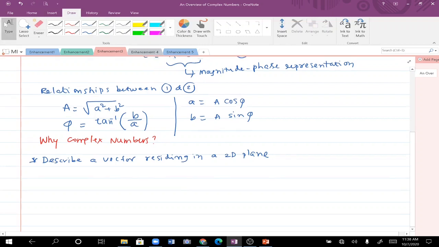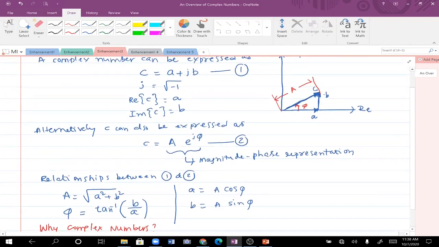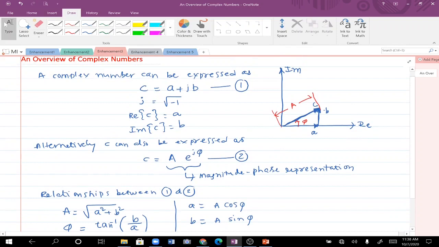The same thing here. Assume that you have a quantity which has, let's say, a and b, that's the vector. Now you could represent it as just a complex number. The multiplications, additions and other operations, and also of course there are many other reasons as well, become very convenient the moment you represent them as a complex number. So for example, you were using the same in your electrical circuits course to represent current.